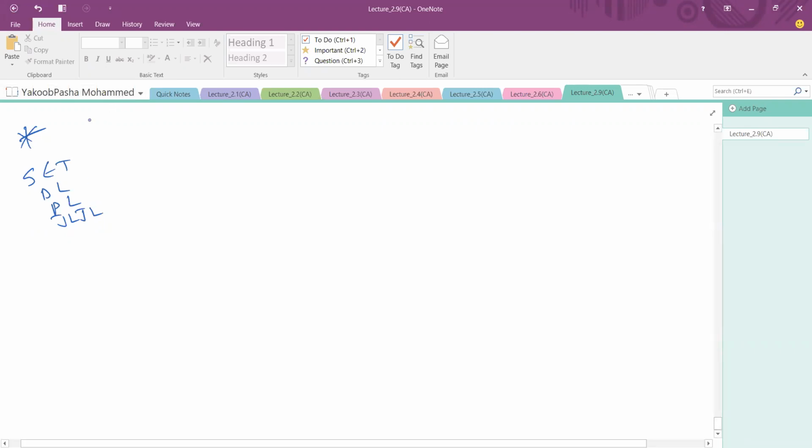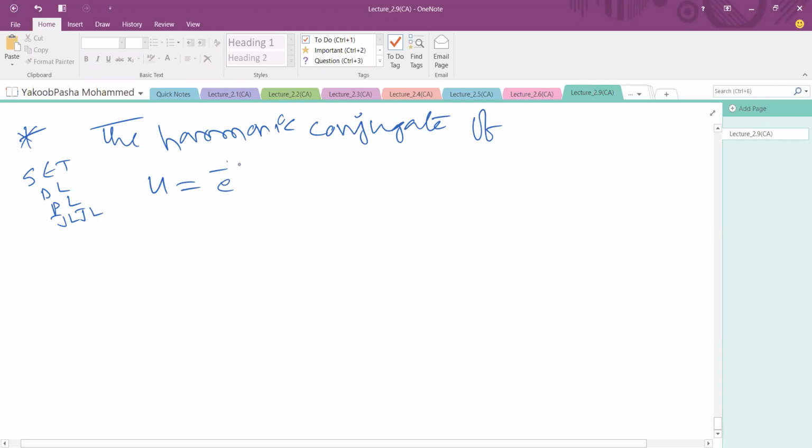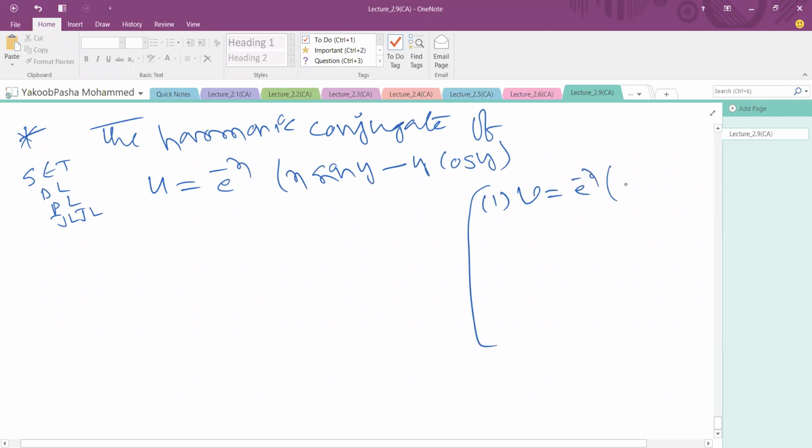Now the question is: the harmonic conjugate of u is equal to e to the power of minus x into (x sin y minus y cos y). We have options also. First option, v is equal to e power minus x of (y sin y minus x cos y).